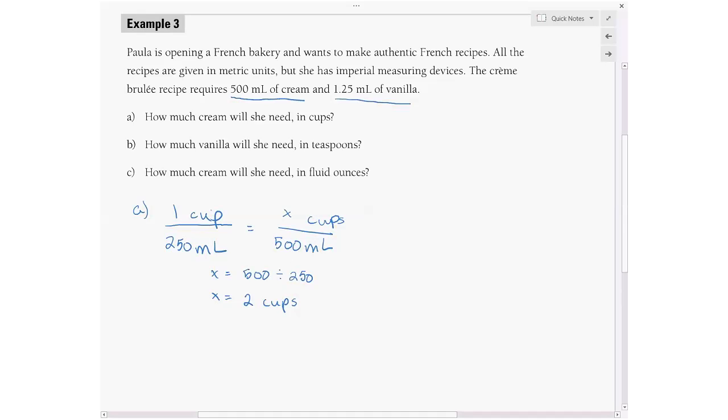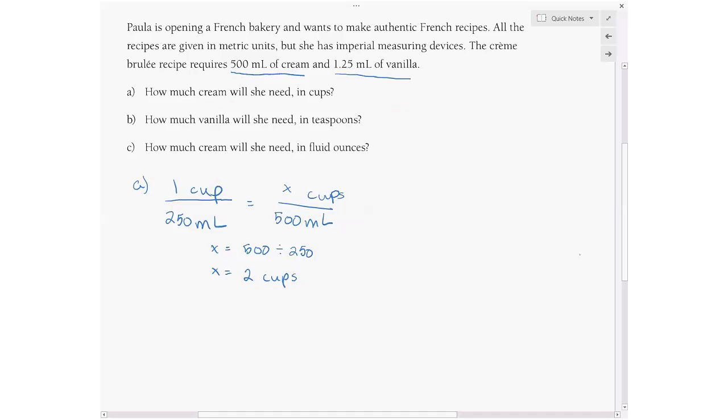So if the conversion rate is opposite the number we're given, we multiply. If it's on the same side, so they're both milliliters, typically we divide. So it's just a little thing to make it easier. So she needs 2 cups of cream.